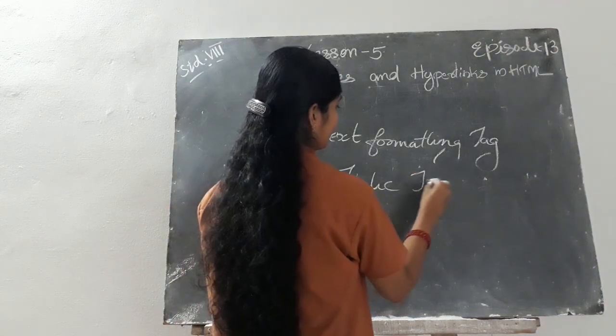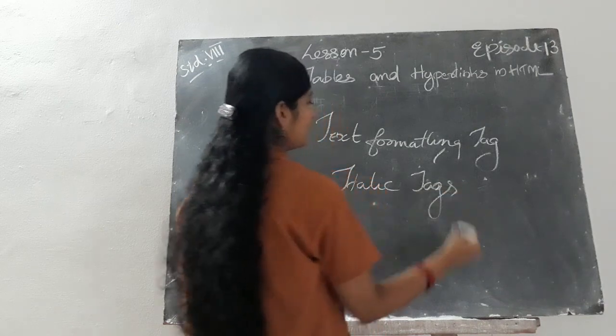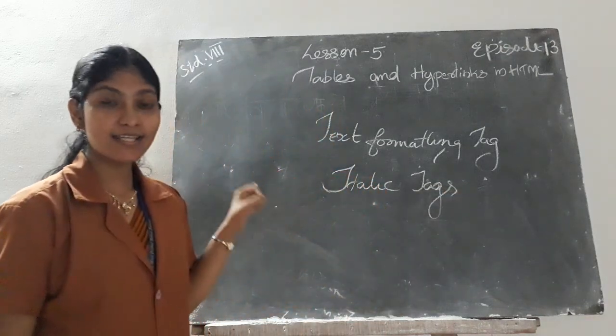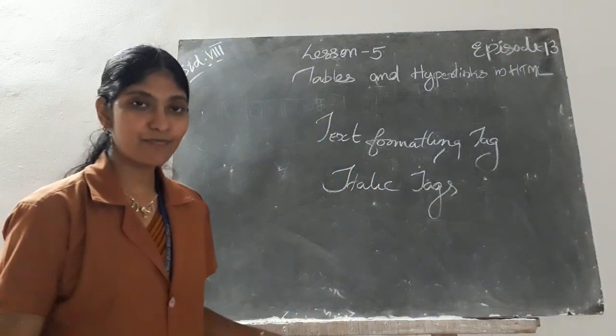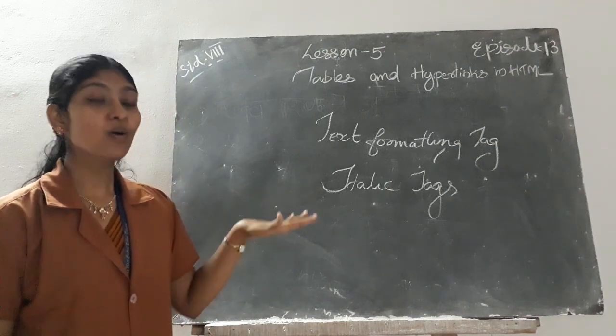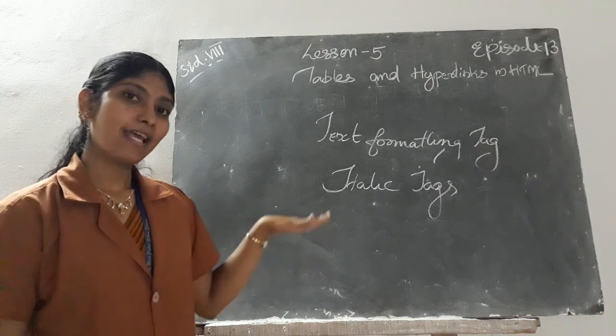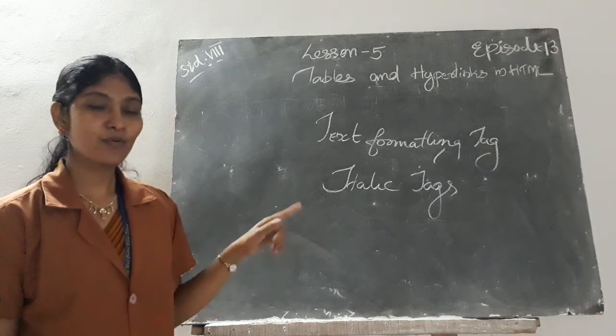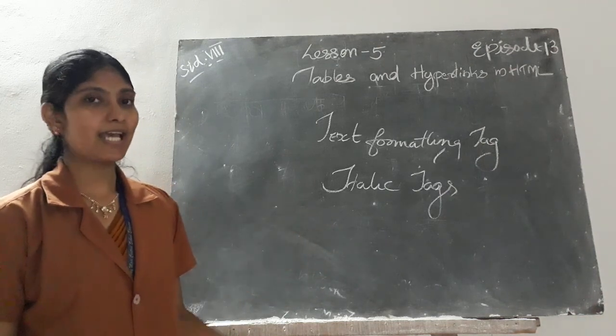Italic tags. That means if you want to write the text in italic format, you can use the italic tag. So write the sentences in italic format. You can use which tag? Italic tag.